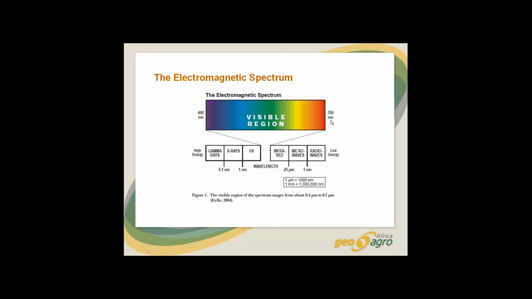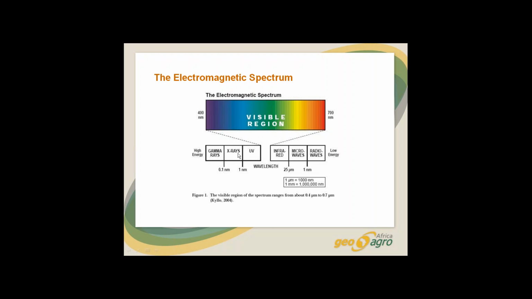When you talk about light, you're talking about a certain range of reflection, which is shown here from 400 to 700 nm. And then you have all the range of waves that we use, such as the radio waves, all the way down to gamma rays, which are very short wave mechanisms.